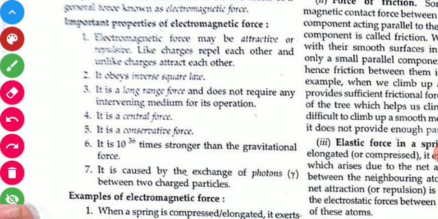Here we can see that the electrostatic force is 10 to the power 36 times stronger than the gravitational force.